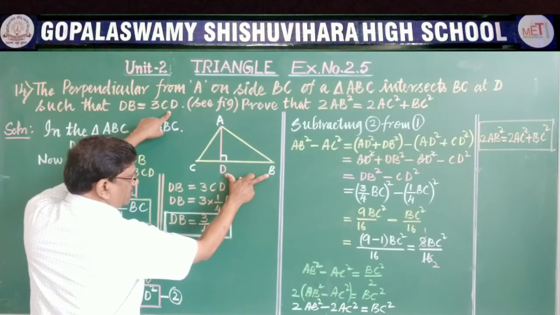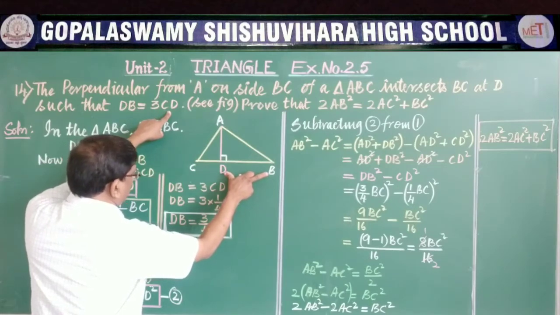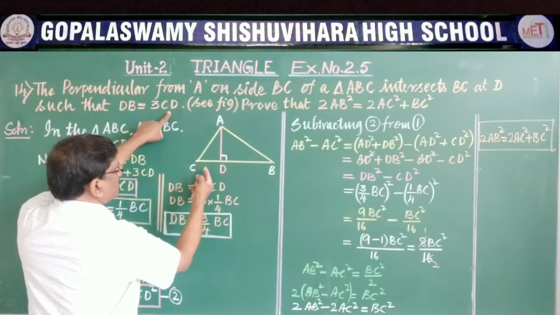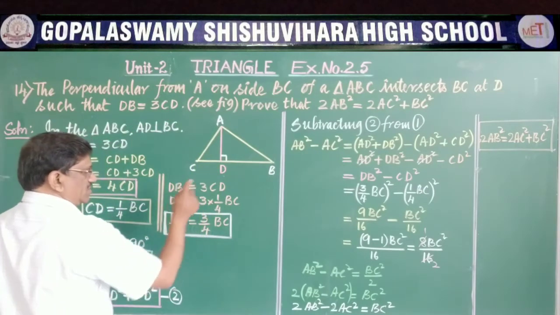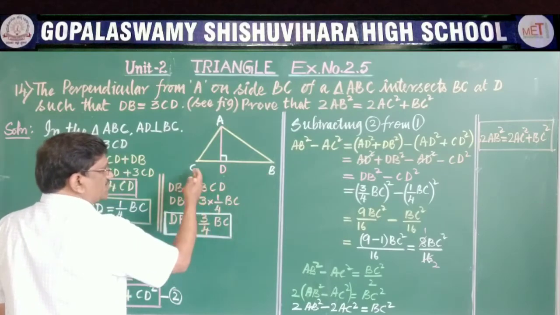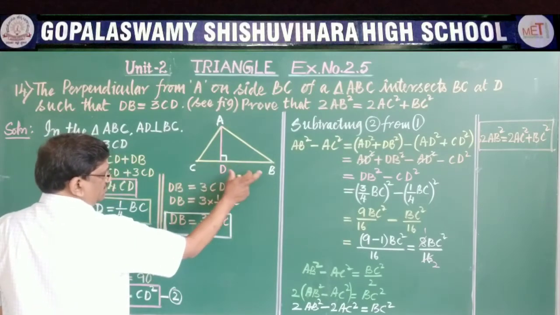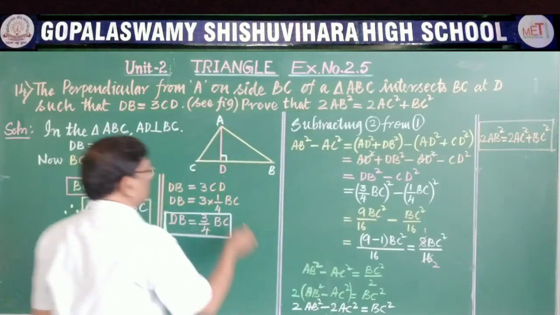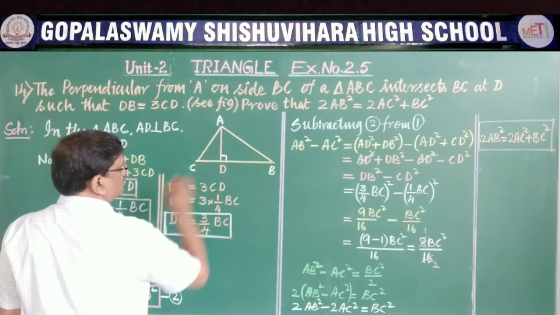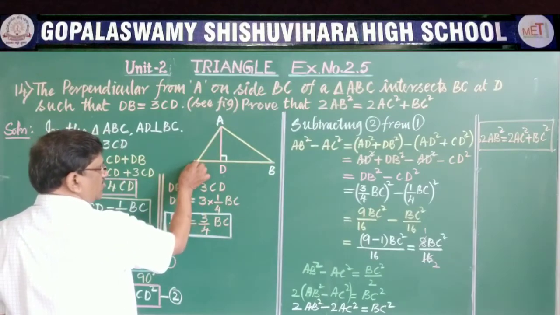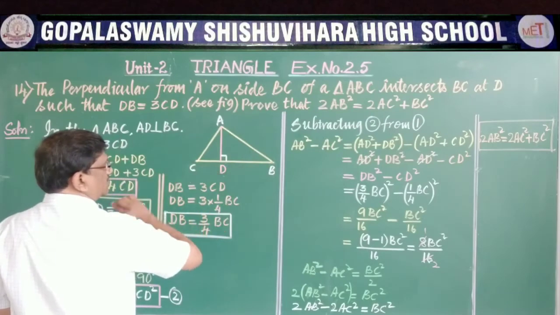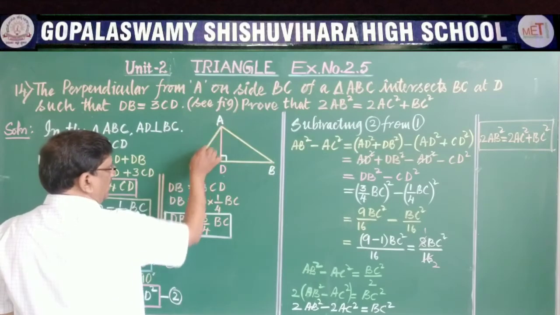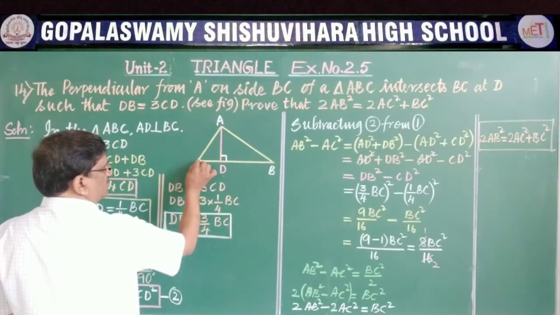So this length is 3 times the length of CD. Clear, children? We have to prove that 2AB square is equal to 2AC square plus BC square.